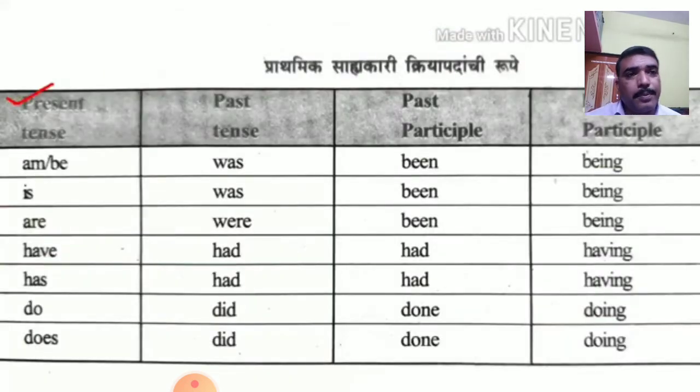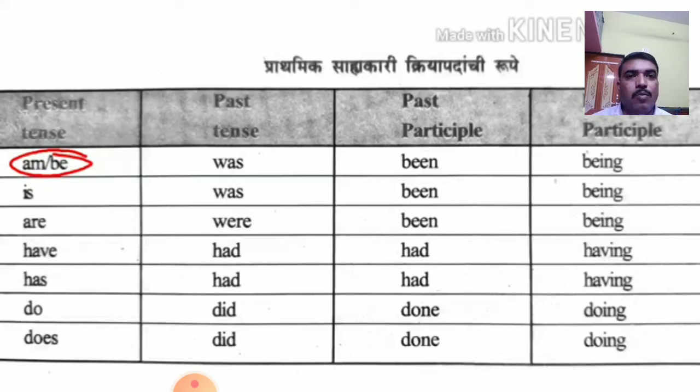The primary auxiliaries are called in Marathi Prathamik Sahayakari Kriyapadachi Rupe, and there are three forms of it. First is present tense, past tense, and the last one is past participle. You can see in present tense: am, is, are, have, has, and do, does.